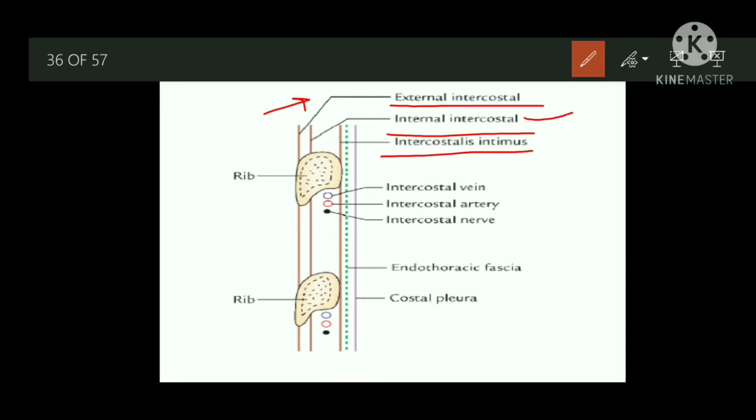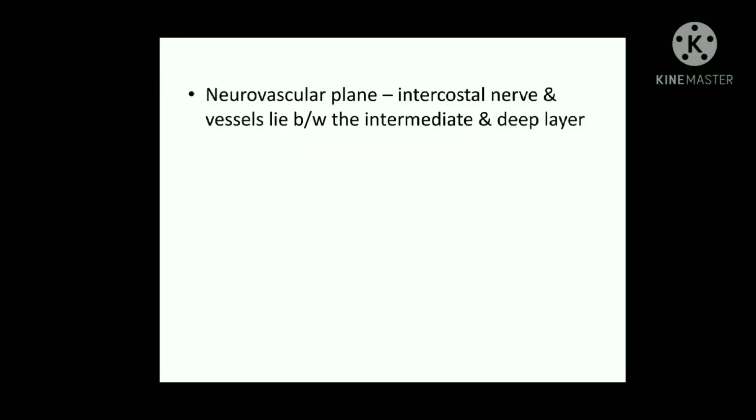Between the intermediate and the deep layer, there is a neurovascular bundle that runs in the costal groove of the rib. In order from above downward, there is a vein, artery, and nerve. Inner to the deep layer, there is endothoracic fascia and the costal pleura.